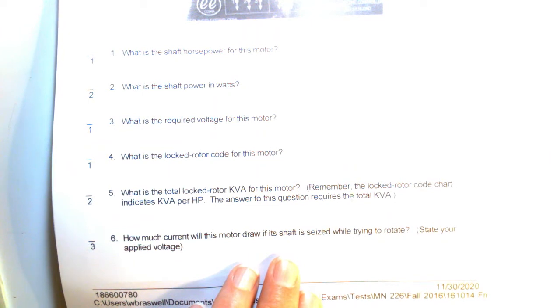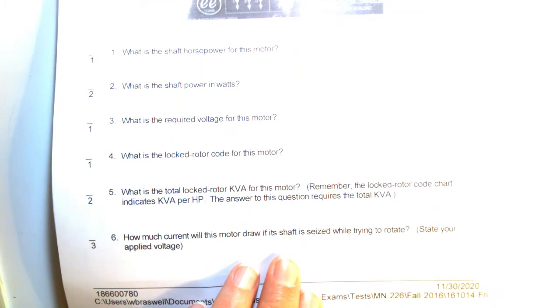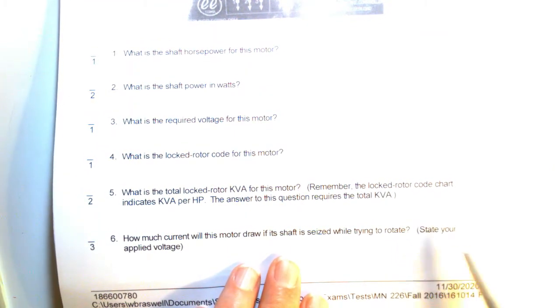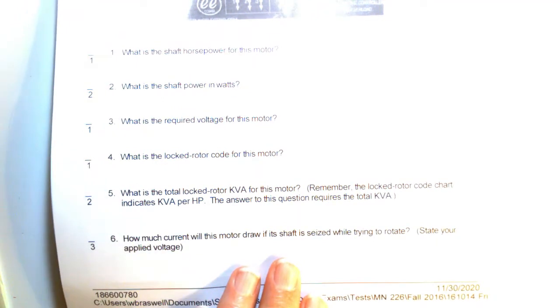So you can give me one of 2 answers: the current at the low voltage, or the current at the high voltage. I don't see any need for you to calculate both, but I do ask that you state the applied voltage, meaning the voltage that you have chosen, to come up with your answer.